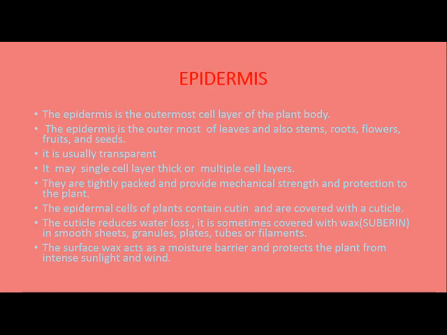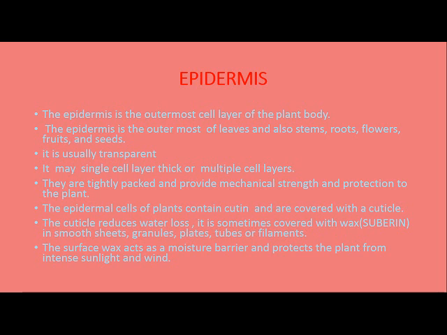Okay. The first protective tissue that we talk about is the epidermis. Now, if you look at the name itself, children, epi means something which is present on the outermost surface. And dermis is a word which is related with skin. So epidermis is the outermost layer of the plant body.